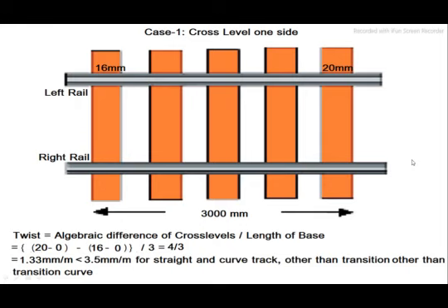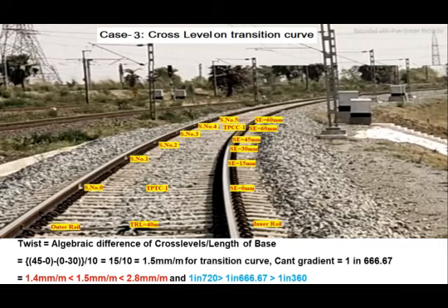The twist is defined as the algebraic difference of the cross levels at 2 points in track divided by the distance between the 2 points. So, twist is one of the most important factors affecting safety of the vehicles.